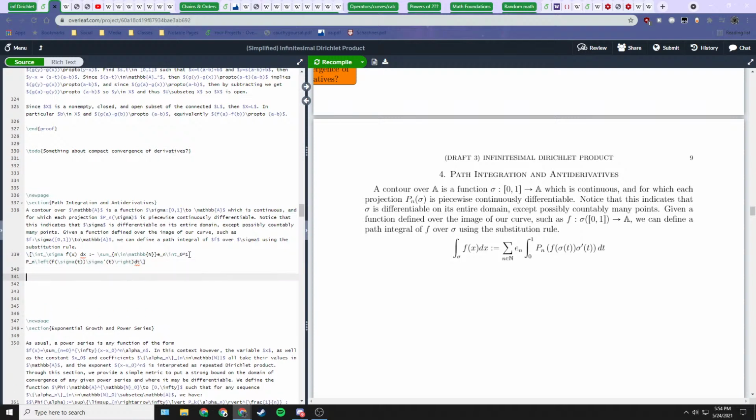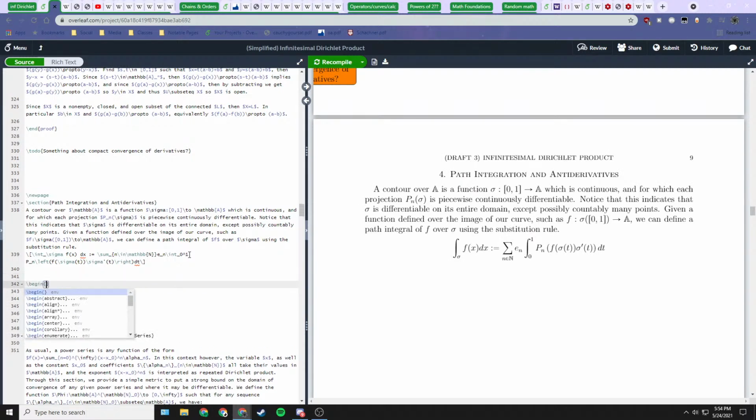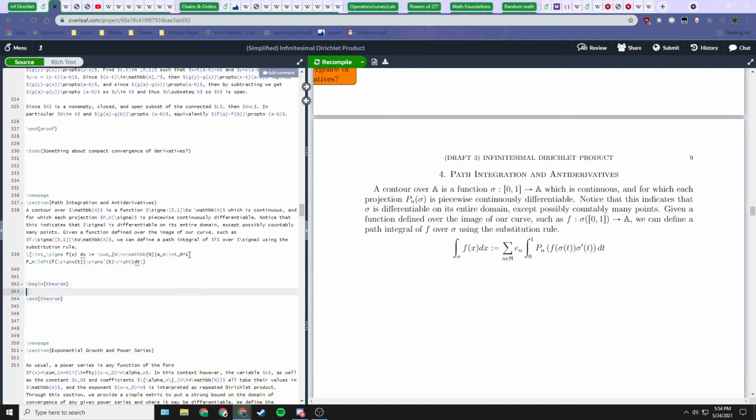So the first thing we probably want to do is to actually just prove the substitution rule itself. So the substitution rule is, if I can remember this, something along the lines of, well, it's essentially this, right?